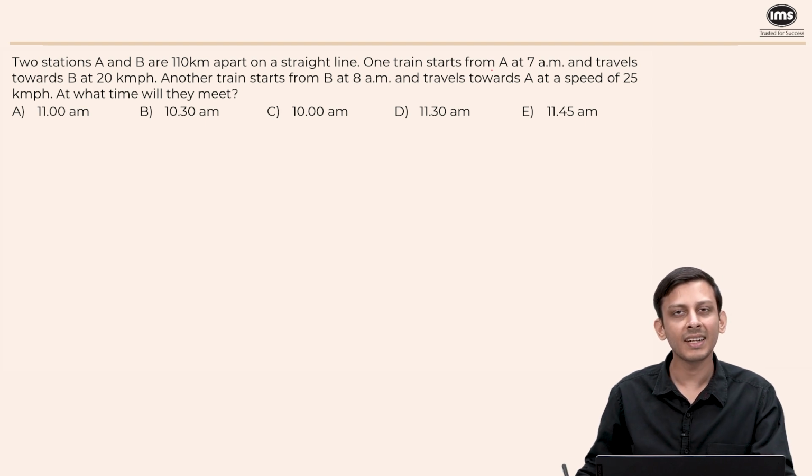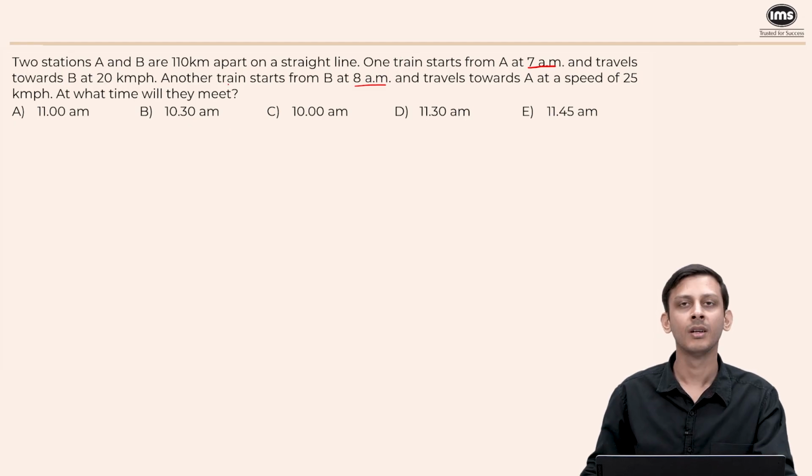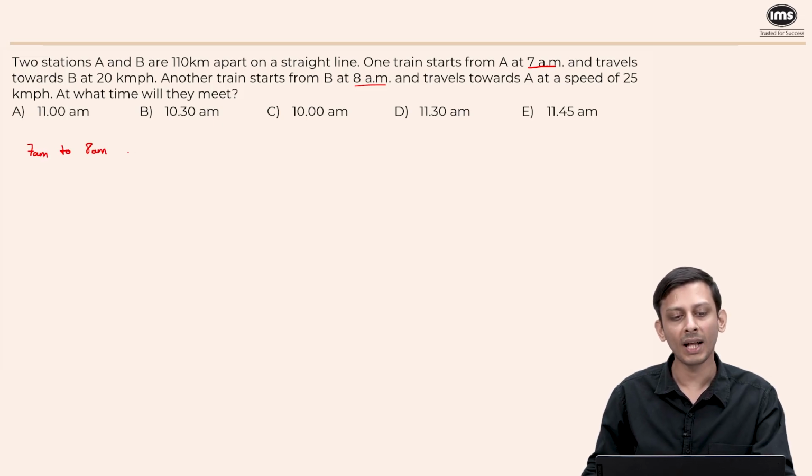So here the starting times are different. First train is starting at 7 a.m. Second train is starting at 8 a.m. So we have to come to that point in time when both of the trains will be moving. So we can say that from 7 a.m. to 8 a.m., in that time period of 1 hour, the distance that the first train is covering is how much?